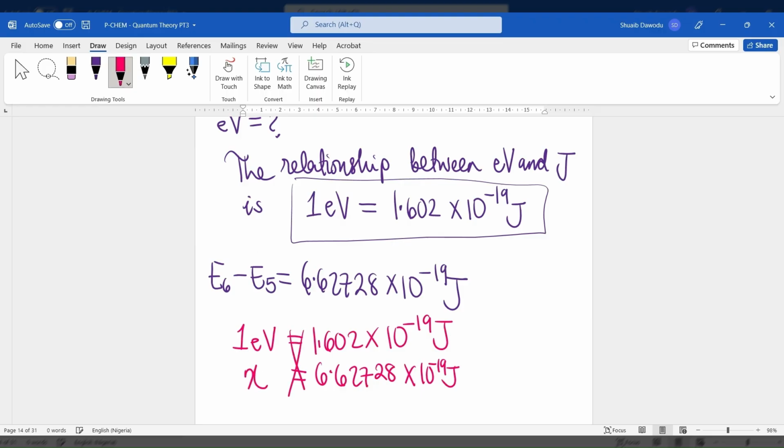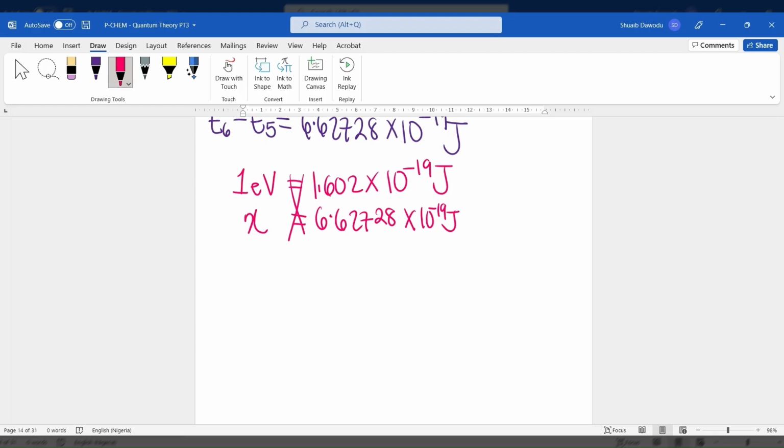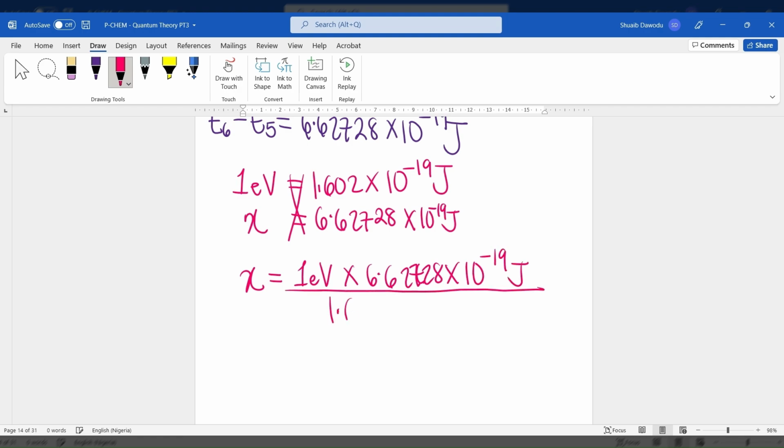Then of course we cross multiply and we end up with x equal to 1 electron volt times 6.62728 times 10 raised to the power of negative 19 joules divided by 1.602 times 10 raised to the power of negative 19 joules. We cancel out the joules.